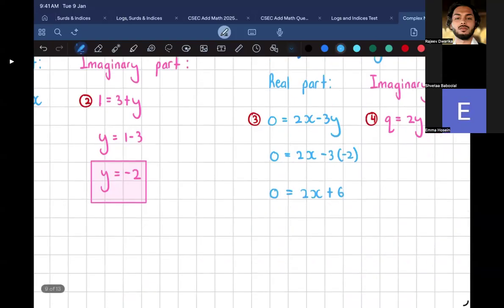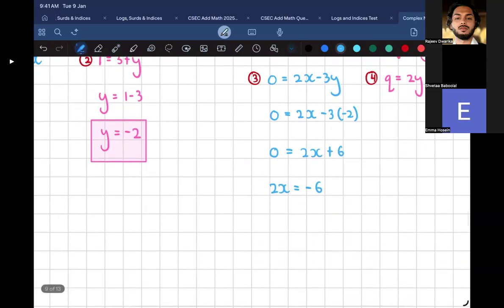Right, nice. I'm going to move across the 6, so I end up with 2x is equal to minus 6. Then I will divide by 2 on both sides, so you end up with minus 6 over 2. So x is equal to minus 3.